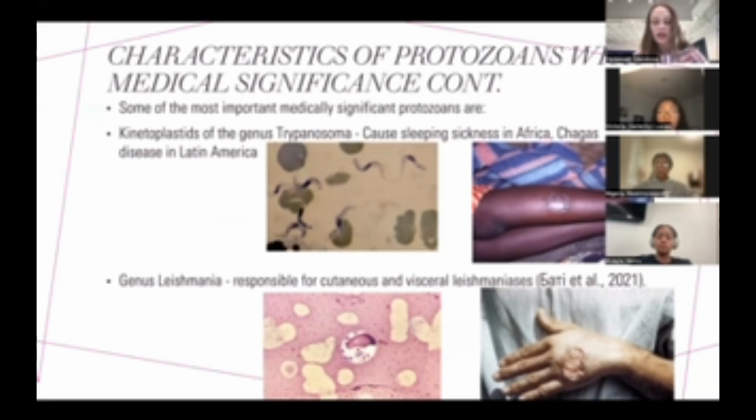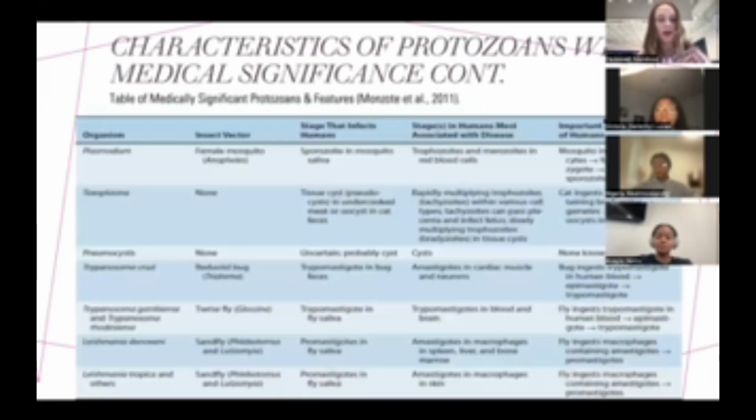They are thin, worm-like critters, as you can see here on the magnification slide, and they can result in a circular infectious pattern, as you can see in the image of the person there, as well as the genus Leishmania, which can be responsible for both cutaneous and visceral leishmaniasis, according to the Turkish article cited here in 2021. And this is an example of what that can look like in a human host.